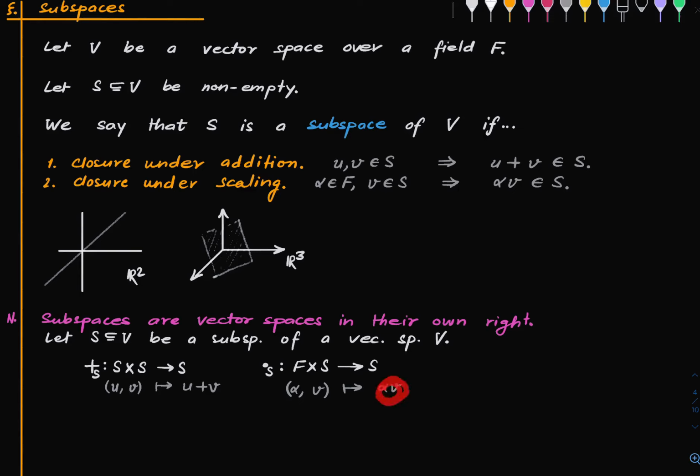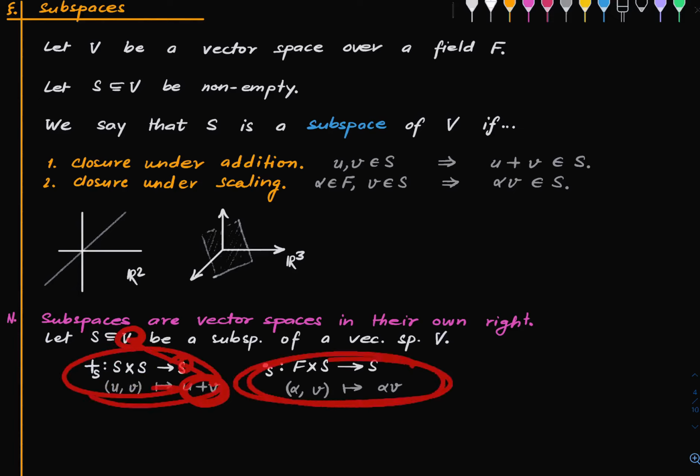So this is legitimate. And before we even make this definition, we should say that since S was closed under addition, this is well defined. Whenever you pick a pair of things in S, their sum as taken in the parent space also lies in S. And by the same comment, the scaling is also well defined.